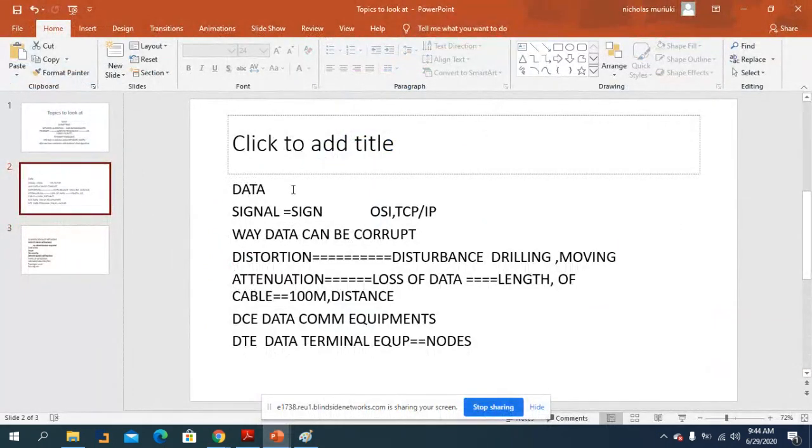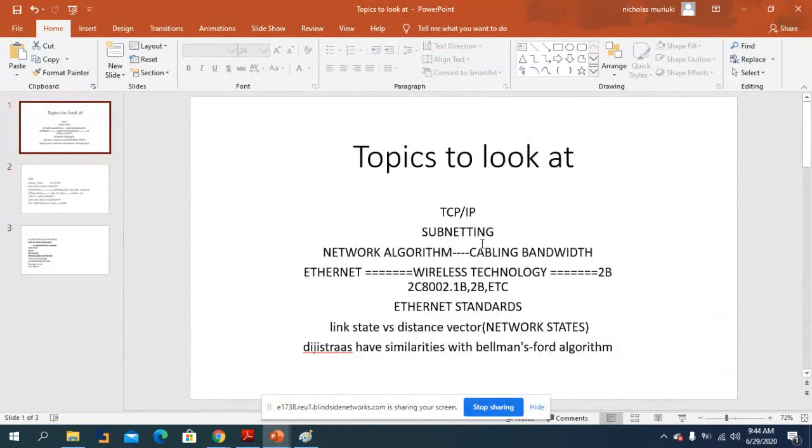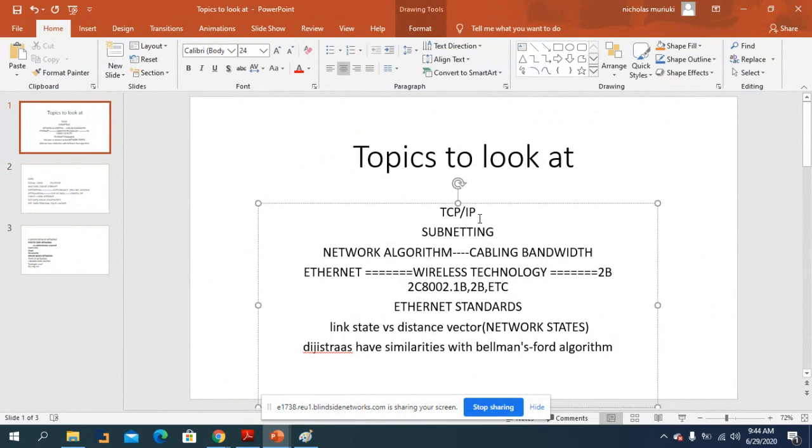Then after that, we go to TCP/IP. Remember, you had already covered this one up to the standard that we were supposed to cover at that time. But I would like to start on subnetting and many other things that we'll discuss here. So I have only received comments from one student, who is Evans.